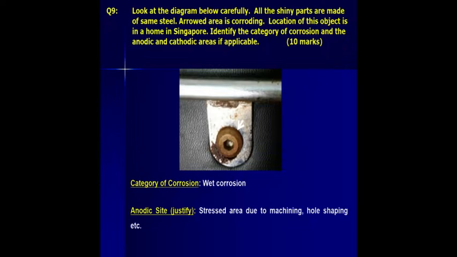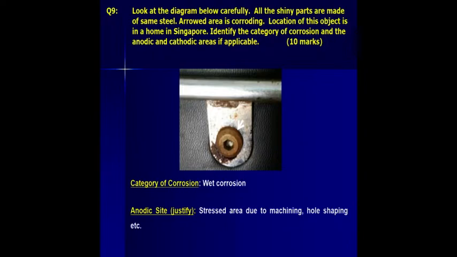Location of this object is in a home in Singapore, so humid condition. Humid condition means wet corrosion. Identify the category of corrosion and the anodic and cathodic area if applicable. The area which is corroding is anodic, and the area which is not corroding is cathodic. So that should be your answer.